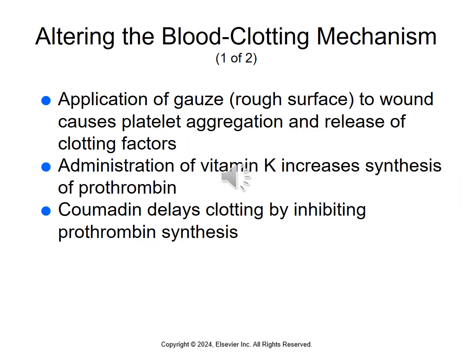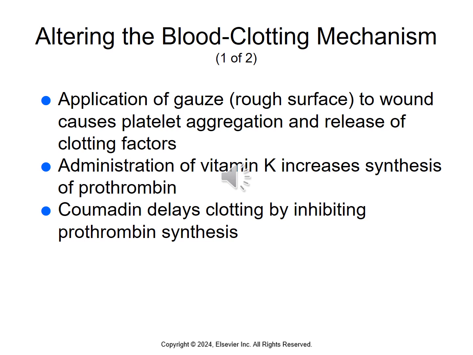Altering the blood clotting mechanism. Application of gauze, so a rough surface, to the wound causes platelet aggregation and release of the clotting factor. Administration of vitamin K increases synthesis of prothrombin. Coumadin delays clotting by inhibiting prothrombin synthesis.